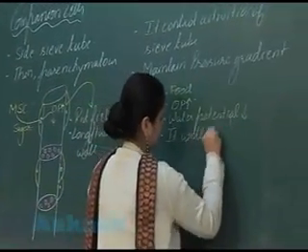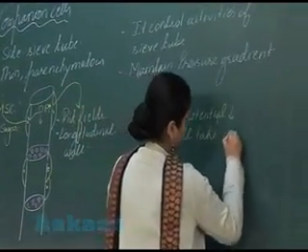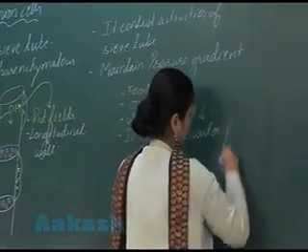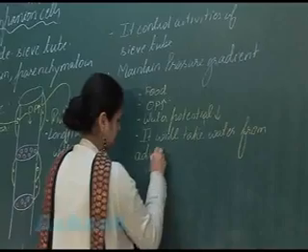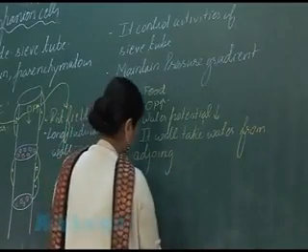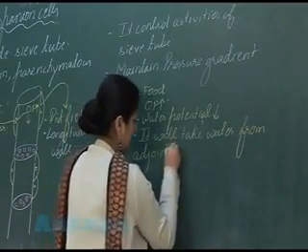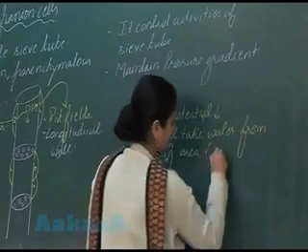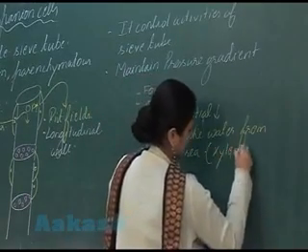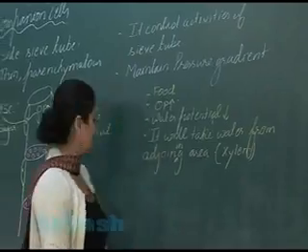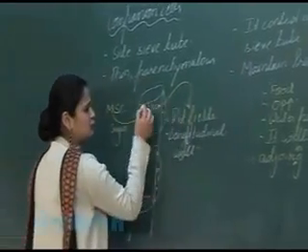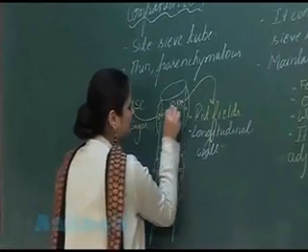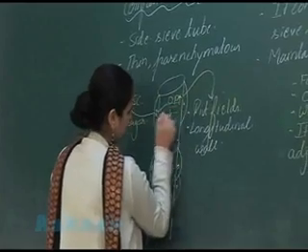It will take water from the adjoining area where water content is more. What is that? That is the xylem. तो इसका मतलब जाइलम से जो पानी है वो सीव ट्यूब के अंदर भरना शुरू हो जाएगा.